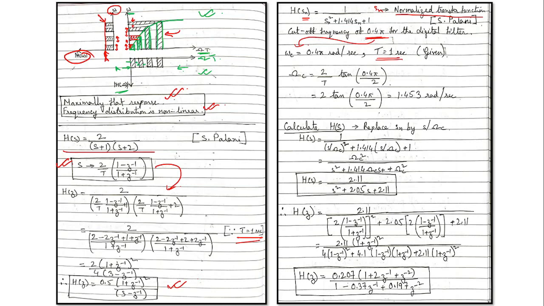Now we have to find the analog cutoff frequency, because this H of s deals with the analog frequency component. Though we are given the digital frequency component, we have to calculate the analog frequency component.